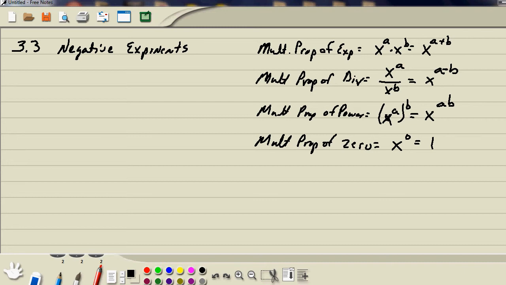Remember that an exponent, if I had x to the 3, is the same as saying x times x times x. All right, well, let's get into this concept of negative exponents. The division property, which we mentioned here, is the basis of the definition of negative exponents.